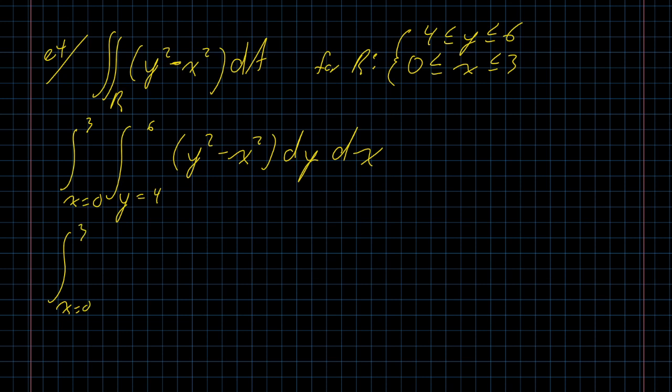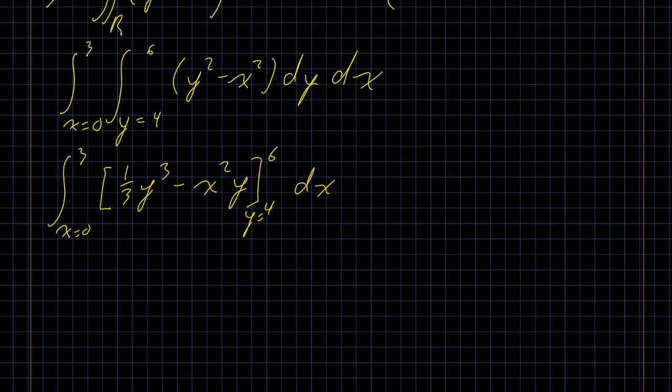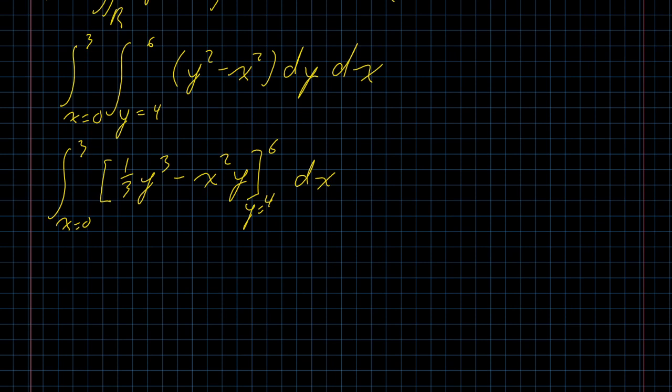All right, so y squared minus x squared. Integral of y squared is still 1/3 y cubed. Integral of x squared. Well, x is a constant with respect to y, and the integral of a constant is that constant times y. So I'll have x squared y. This is one of the places where I am the most prone to making mistakes.